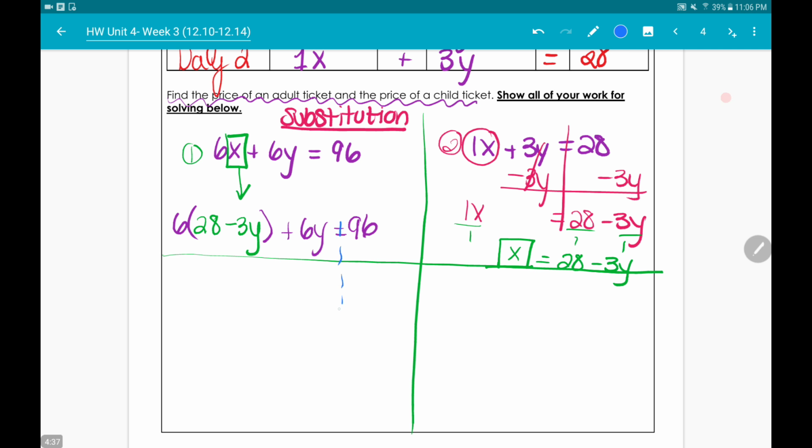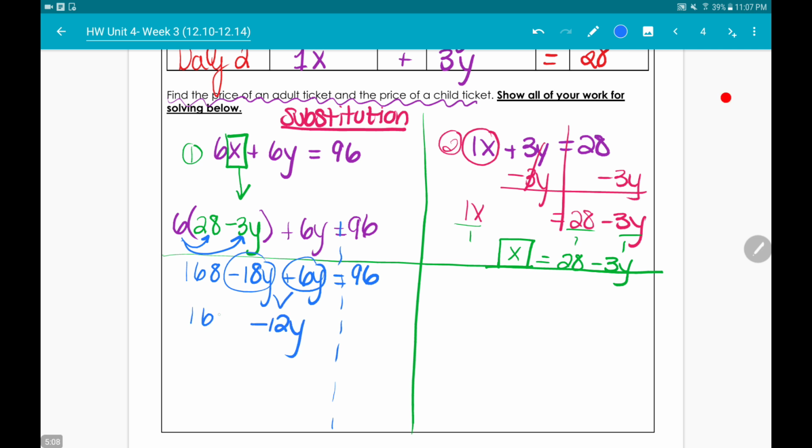Let's go ahead and solve it. Let me distribute. And I don't know what 6 times 28 is off the top of my head. So I'm going to type that in my calculator. And at this point, after distributing, I have like terms. And that gets me negative 12y. I bring everything else down.